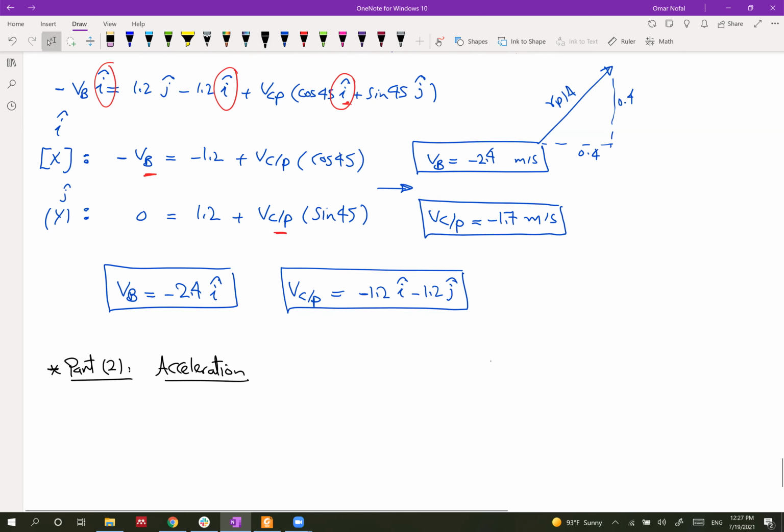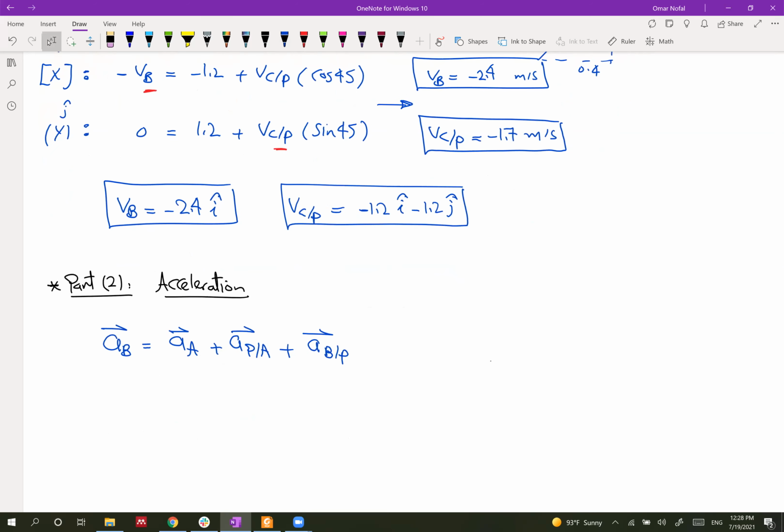So for the acceleration, we will have A at B equals A at A, plus AB with respect to A, plus AB with respect to B.